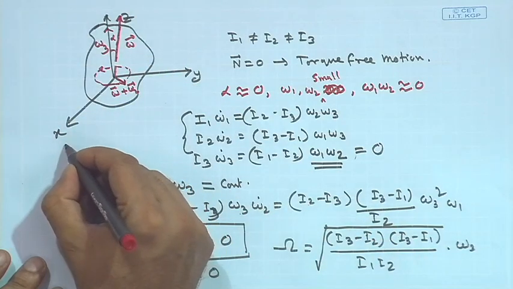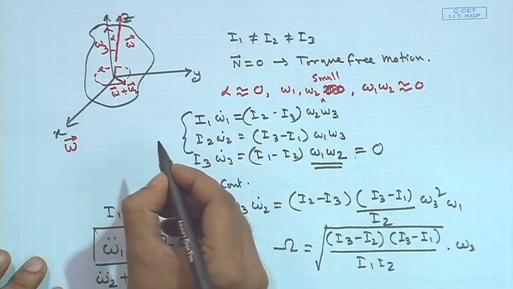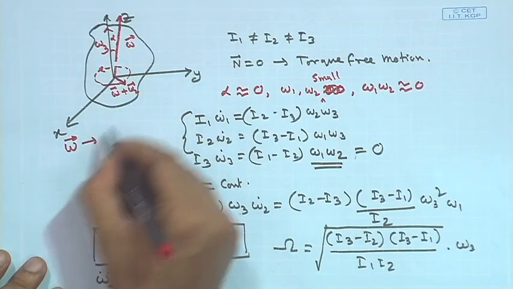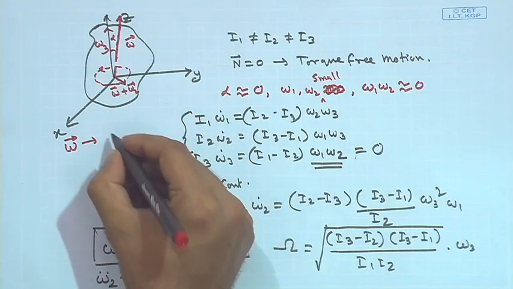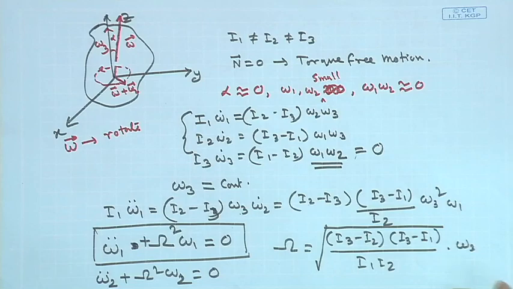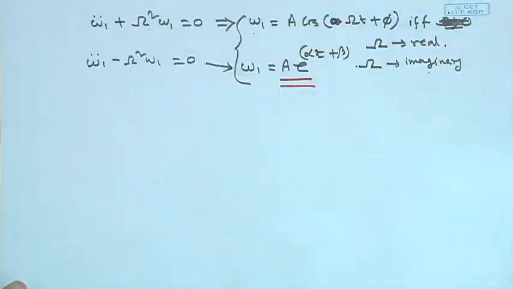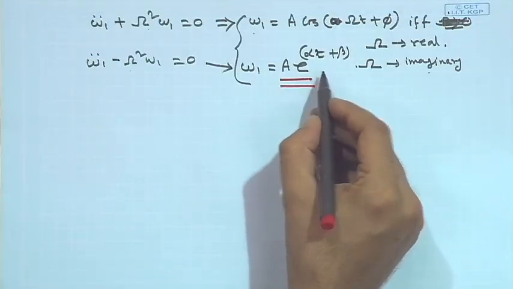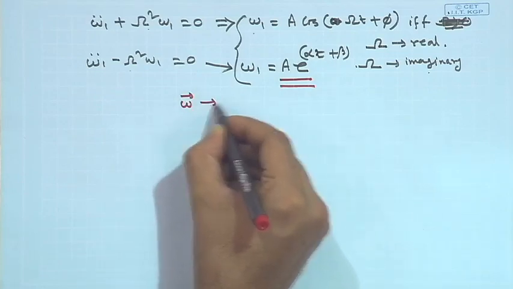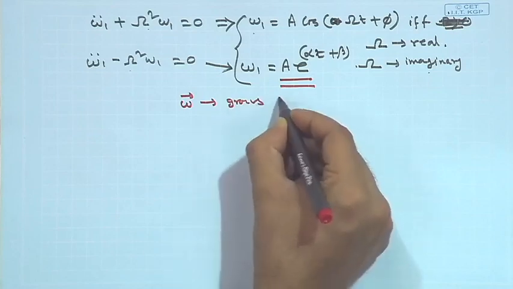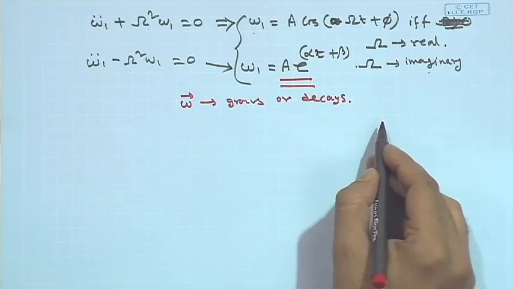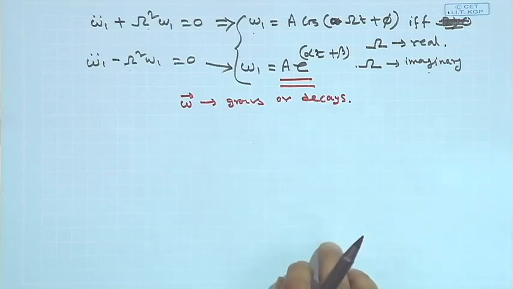If omega 1 and omega 2 rotate, then omega will also rotate, right? But if omega 1 and omega 2 either decay or grow exponentially, then the total magnitude of omega also grows or decays, in which case the motion will not be stable.